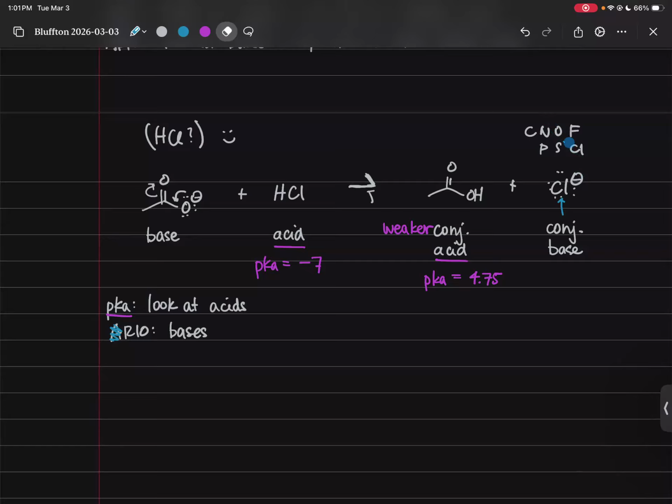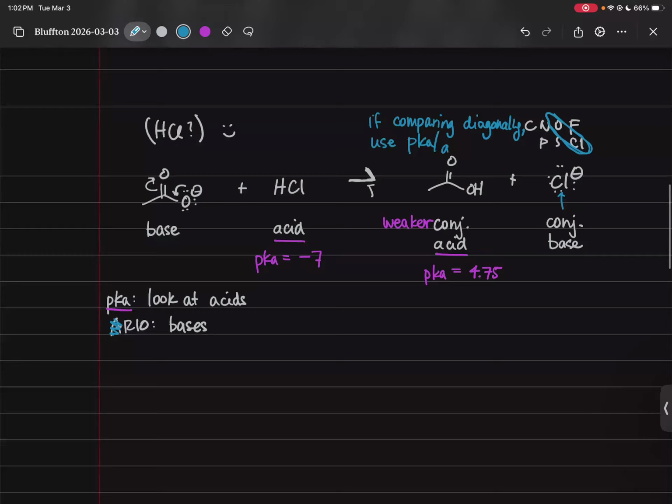Then what I'll say is if you run into this problem where you end up not being able to compare directly in the rows versus the groups or columns for the atom part of ARIO, then we need to use the pKa method where we look at the acids.